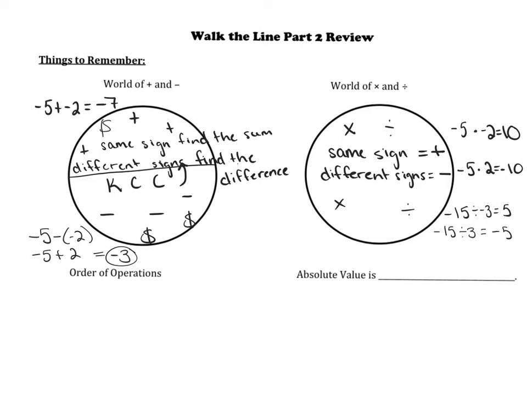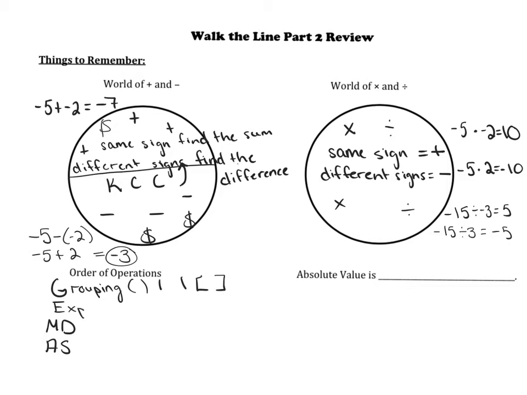Now let's take a look at order of operations. There's two different sayings. You could say GEMDAS, so G, E, M, and D go together. Adding and subtracting go together. Okay, G represents grouping, which can be parentheses, it can be absolute value, it can be brackets.